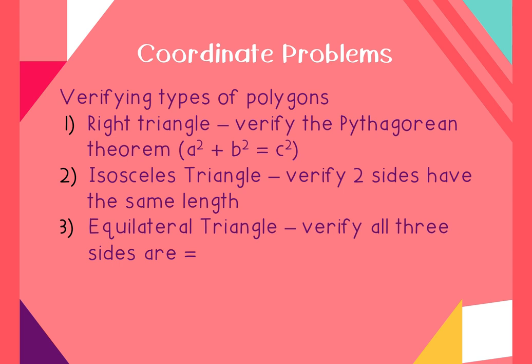The other way you can prove something's a right triangle is by showing that 2 of the sides are perpendicular. So how would I know 2 sides are perpendicular? How do you know there's a right angle there, without having a protractor, let's say? What's true about the slopes of 2 perpendicular lines?